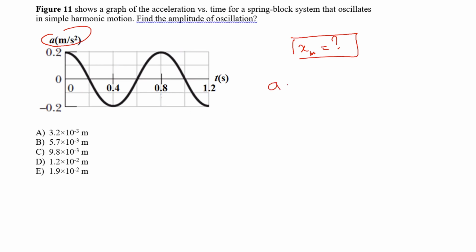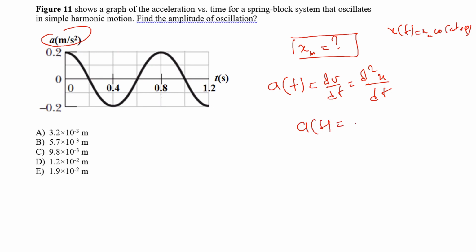Okay. As we said before, acceleration will be just second derivative of velocity with respect to time, or second derivative of position with respect to time, knowing that position is xm cosine omega t plus phi. So if I take the second derivative, the acceleration will give me what?